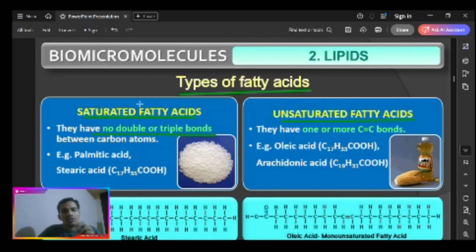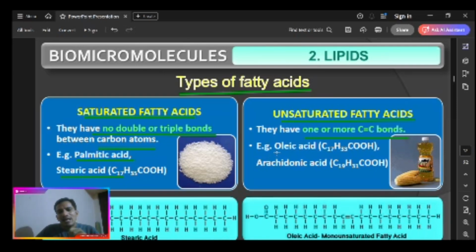Saturated fatty acid does not have a double bond or triple bond between the carbons, right? Here unsaturated fatty acids have one or more double or triple bonds. Examples: palmitic acid, which is a 16 carbon compound, and stearic acid, which is 17 or 18 carbons.